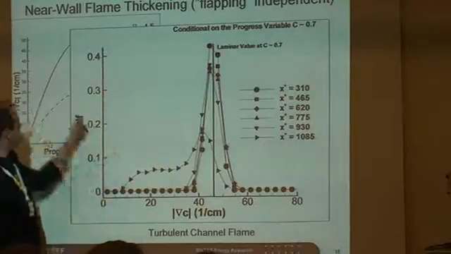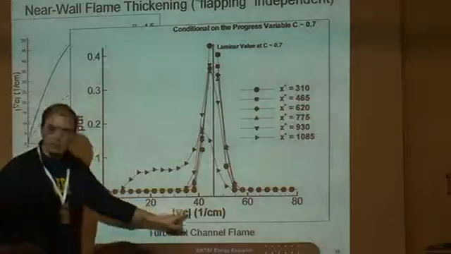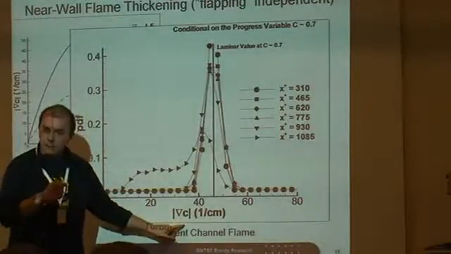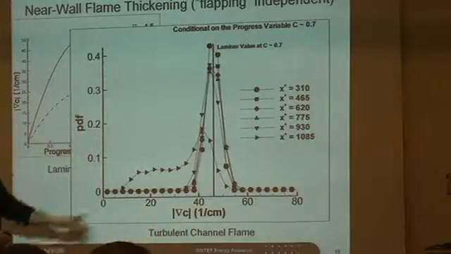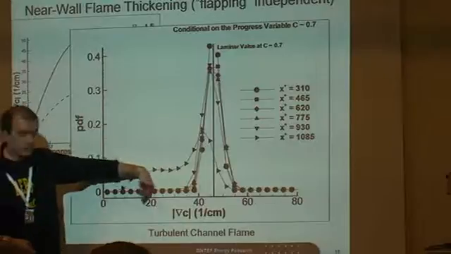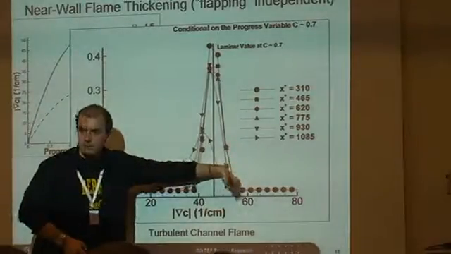This is the PDF of the gradient of C. So the higher the gradient, the thinner the flame. Here is low gradient, so thick flames. And here is high gradient, thin flames.